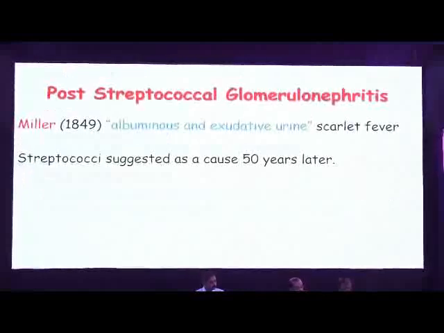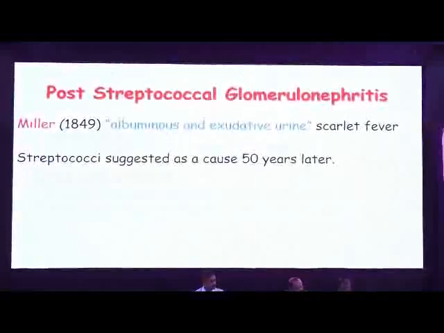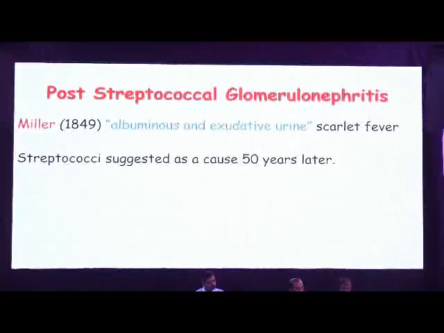Now almost many decades back, PSGN was described in children who used to have scarlet fever, and after an episode of scarlet fever, they used to have albuminous and exudative urine. So then they discovered post-streptococcal glomerulonephritis. But streptococcus as a cause of PSGN was discovered almost 50 years after that.